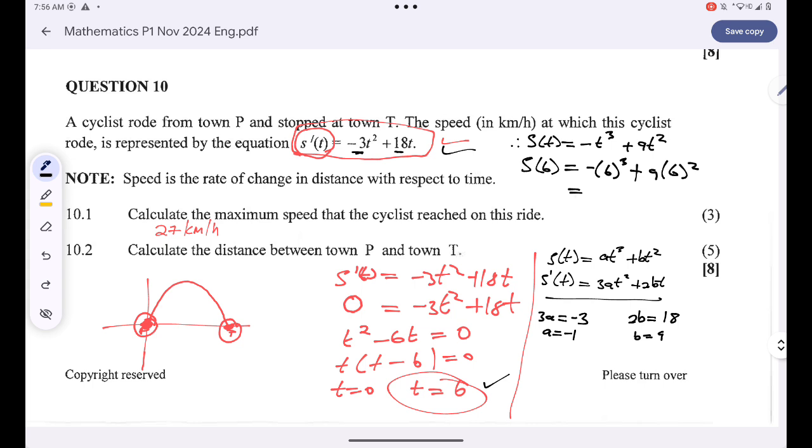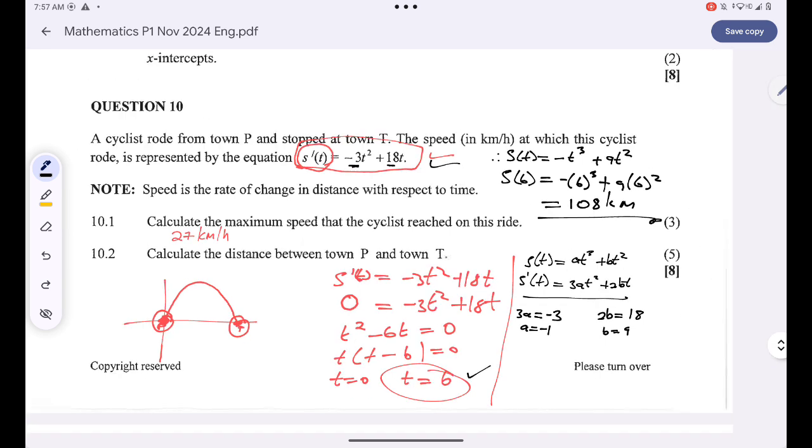The answer is just 540 kilometers. The negative, guys, is just telling us about the direction. Don't worry about the negative too much. It's just the direction. Oh, I punched things incorrectly. Yeah, I can see that. This is just 108 kilometers.